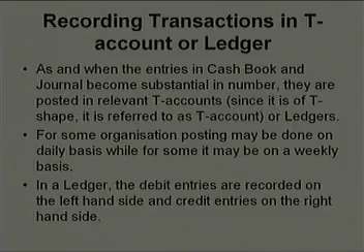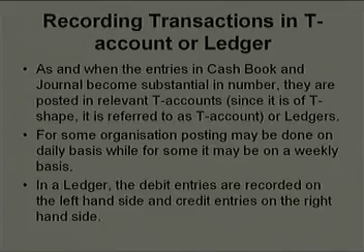Then finally, what do we do? We record the transactions in T account or ledger. So, all the transactions are recorded in T account or ledger, right. We will see how to record transactions in T account or ledger. For this, I have already given you the sign conventions. That means, for an increase in asset, whether it has to be posted in the debit side or the credit side.